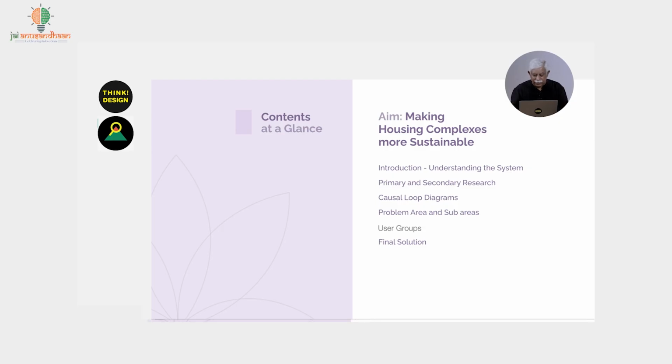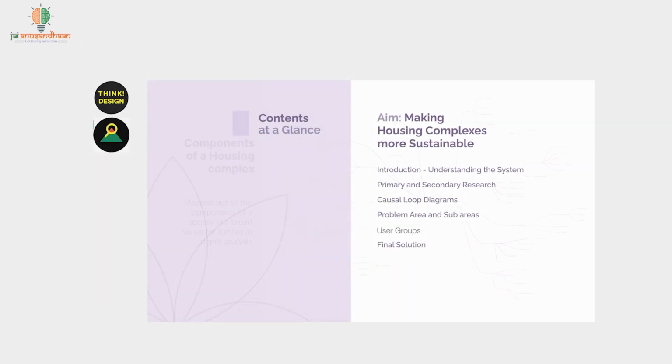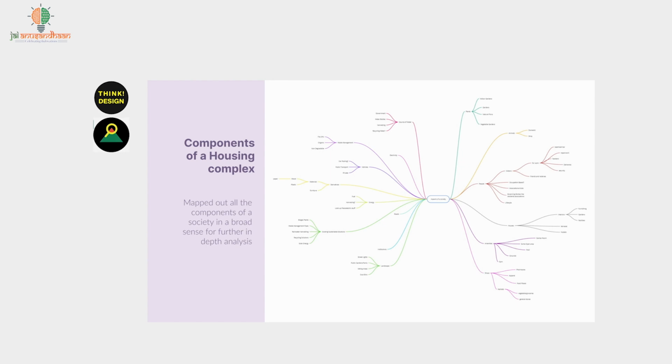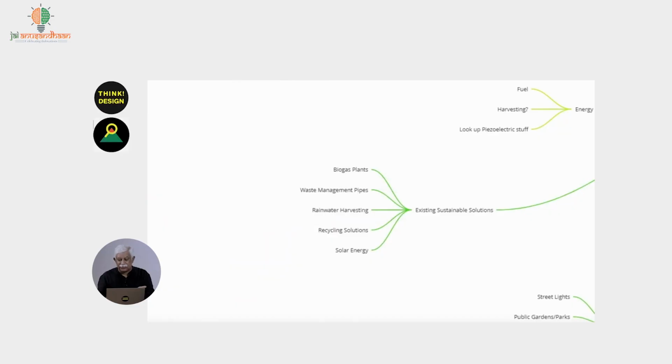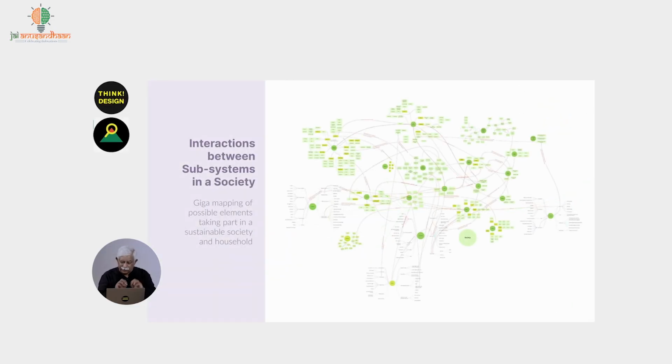So, it started with brainstorming with the housing society and its components. Let us have a look at a few of them, the houses, the types of houses, the kind of amenities which are there in the houses, the kind of existing solutions for sustainability, and they also did further mappings.